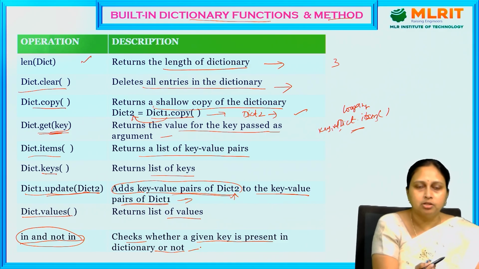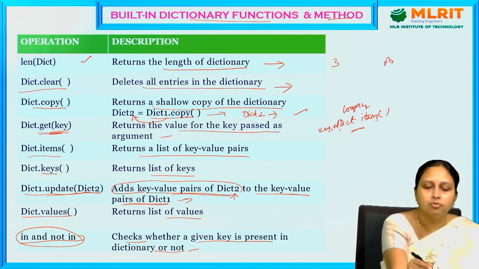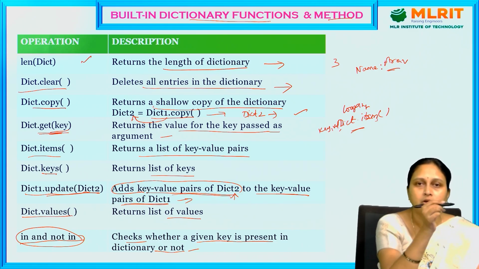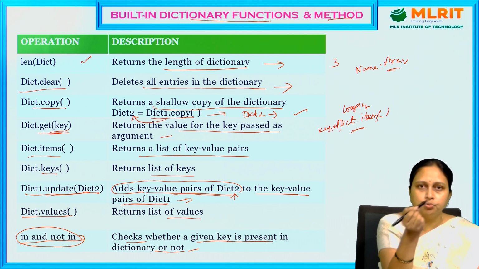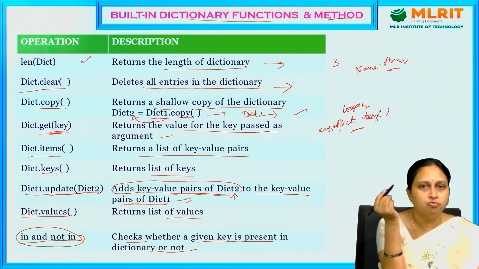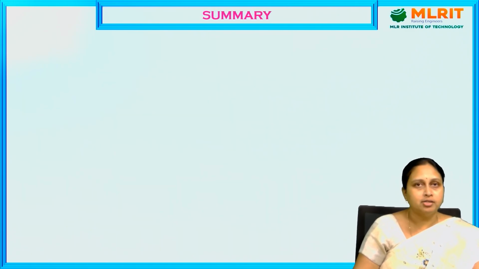Suppose, as we have seen in the previous example, we have a key called name. Whether that particular name is defined in the dictionary or not, if it is there, it is going to return true. Otherwise, it is going to return false, right? That is the way these built-in methods or functions work. I hope you understand the concept.